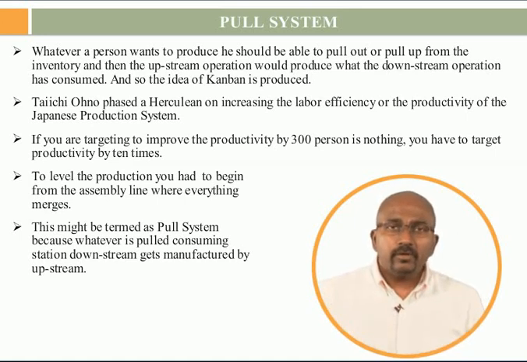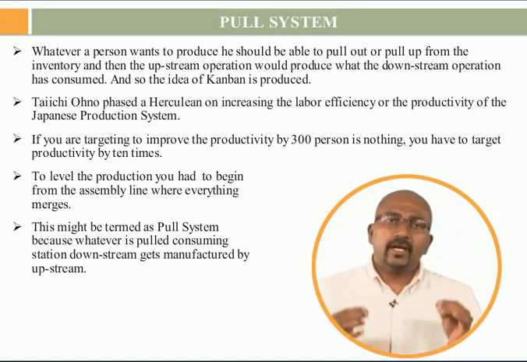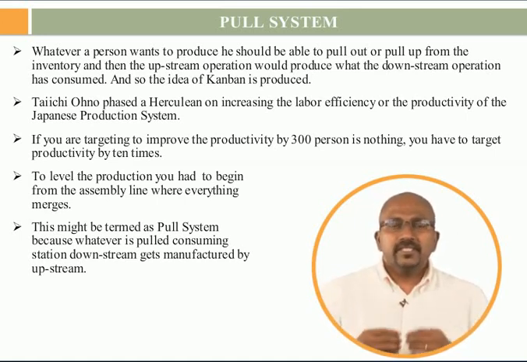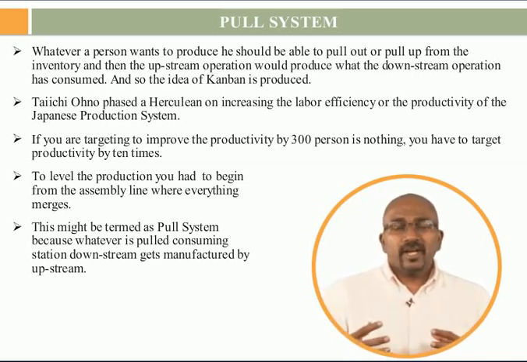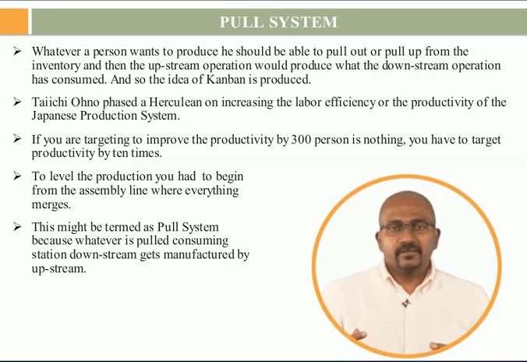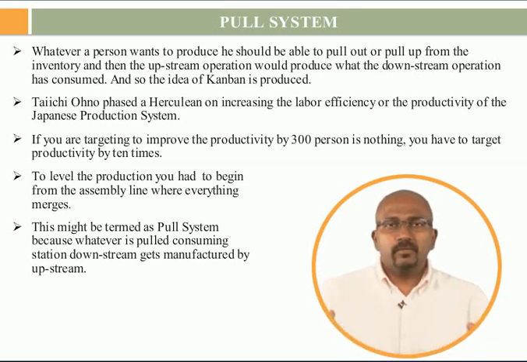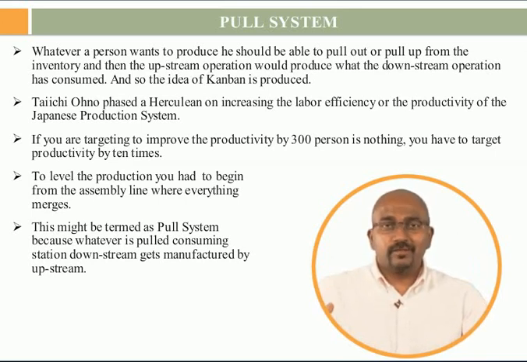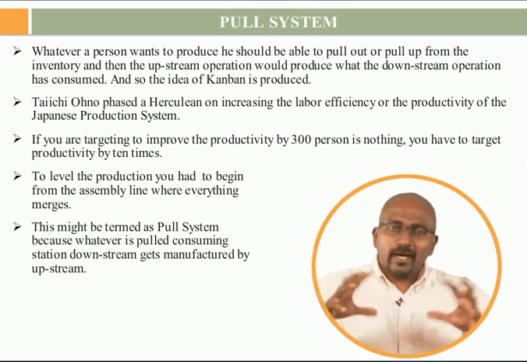And if you are not making more, you are making it at high cost. By just introducing Kanban, Taiichi Ohno had to fight against the conventional norm of high volume production or higher volume production and higher efficiency.